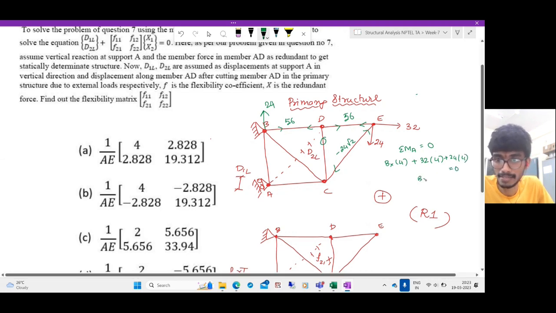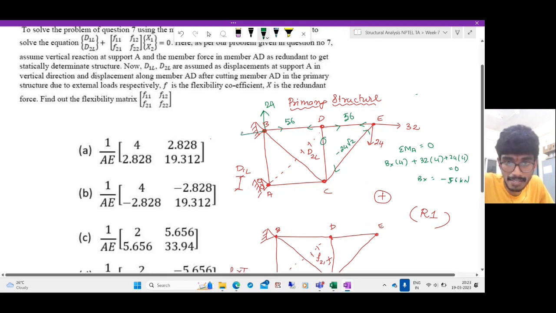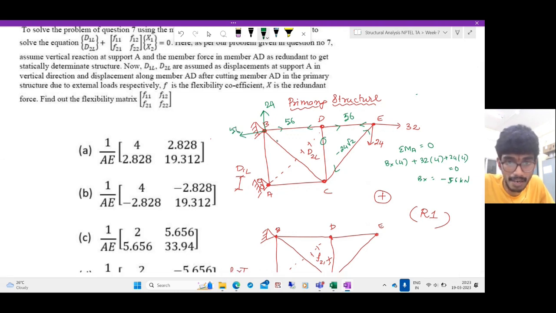So therefore you get Dx as equal to minus 56 kilonewtons. So here it is minus 56, so it means it is tensile 56. Since these two are balanced, there's no other horizontal force. So the horizontal component of the force in this member is 0, which means the force in this member is 0.